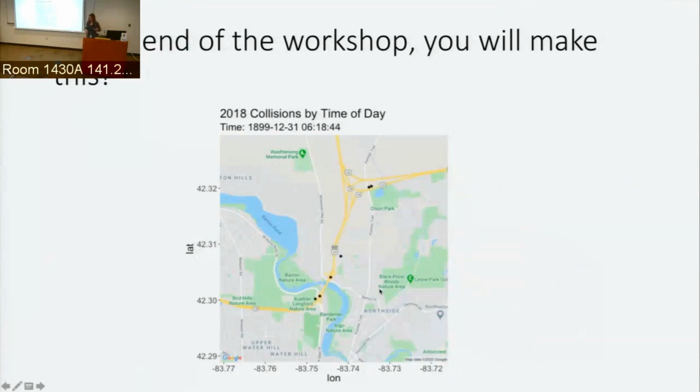So we've got our title up here, the subtitle updating with the actual time, and our collisions plotted over our map. So thank you to gganimate and ggmap for allowing us to do this.